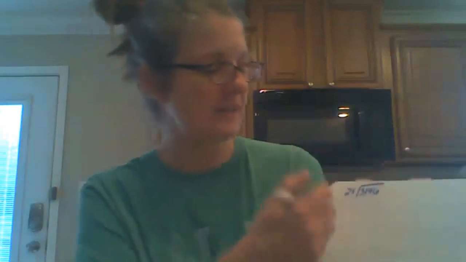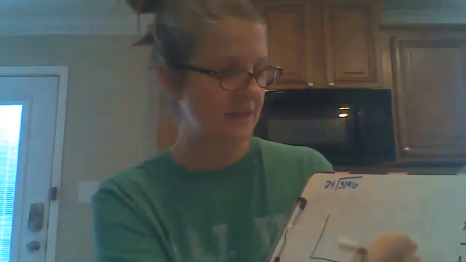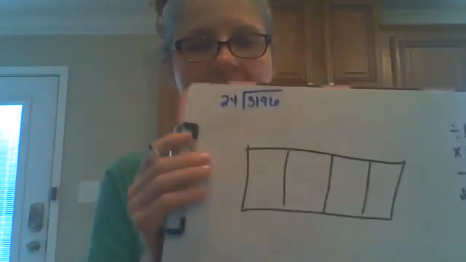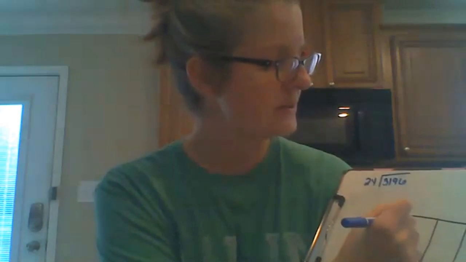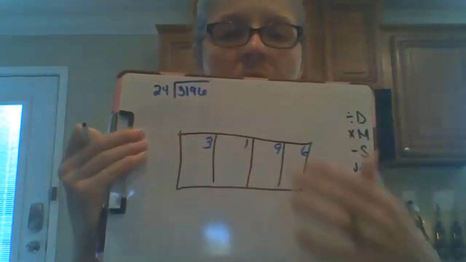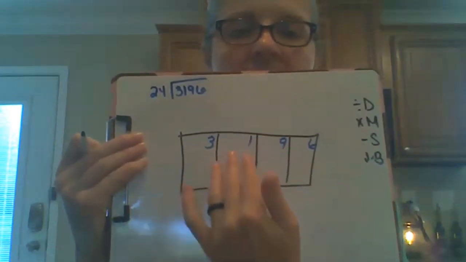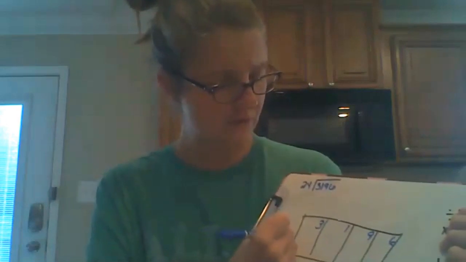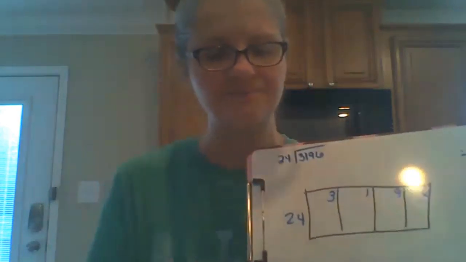So since it is a 4-digit dividend, that means my box, my rectangle, is going to have 4 sections, okay? And inside that, I'm going to write 3,196. So this box is going to be my thousands place, my hundreds, my tens, my ones, okay? 24 goes on the outside.